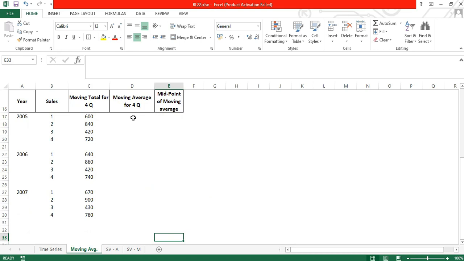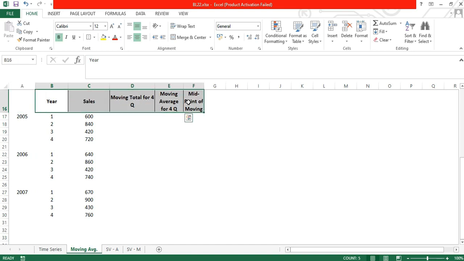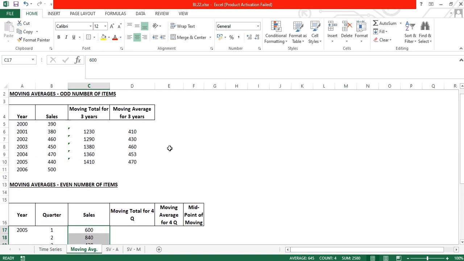Okay, moving on. Oh, I've missed a bit; this should be quarter. The total of the first 4 quarters is this. But as I told you previously for odd numbers, we write the total right next to the middle value of the particular set we have selected.